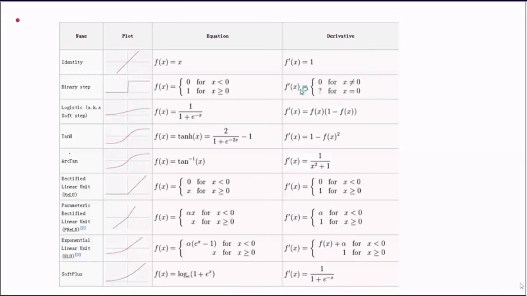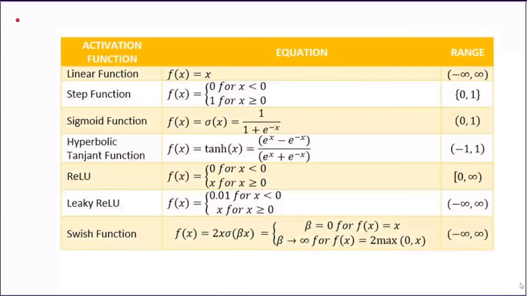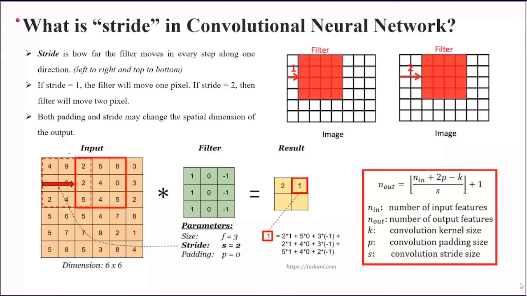Another important thing is strides. In a convolution layer, while doing a convolution operation, you can move the filter towards the right.